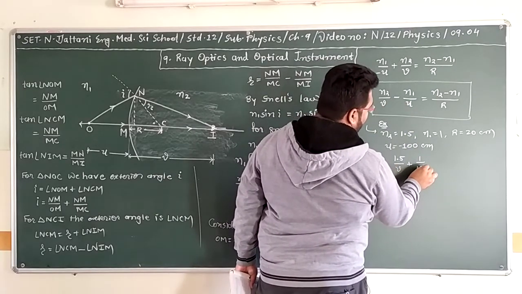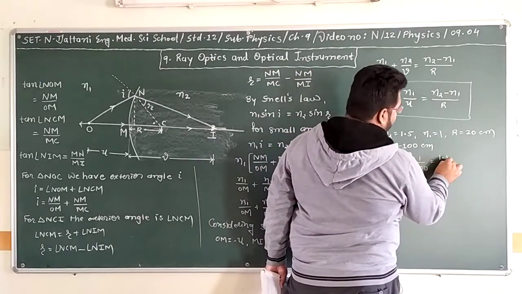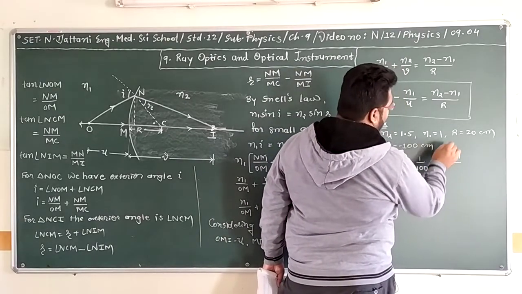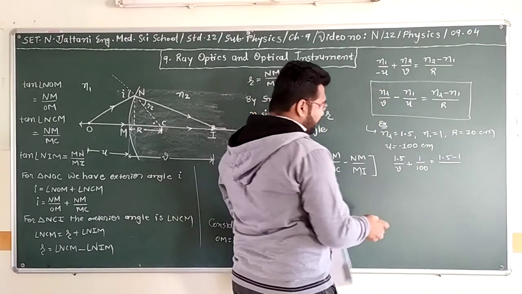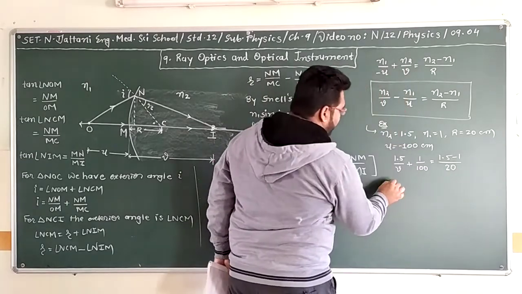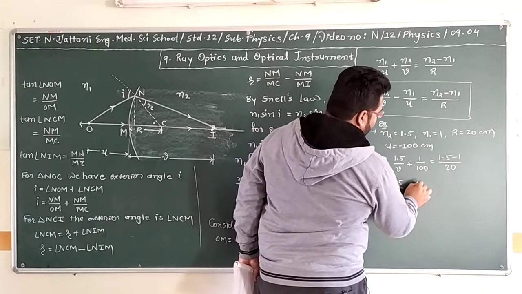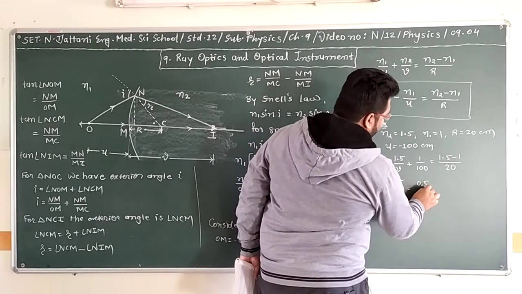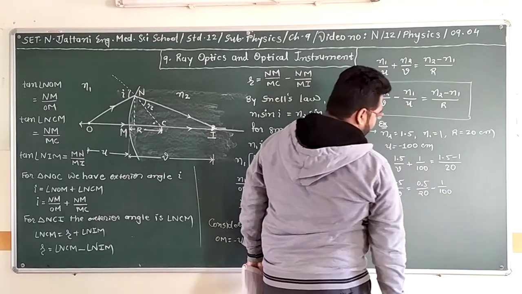So here we have 1 upon 100, that is equal to 1.5 minus 1 upon the value of R. The value of R, that is 20. So we have 1.5 by V is equal to 0.5 by 20 minus 1 by 100.